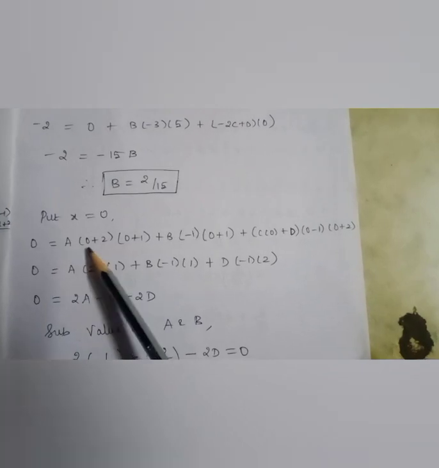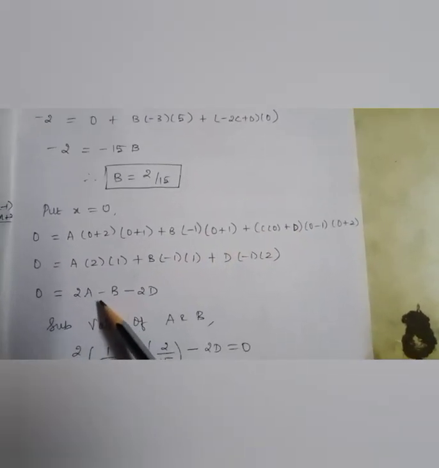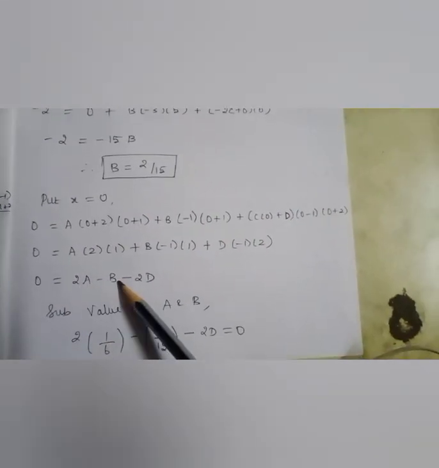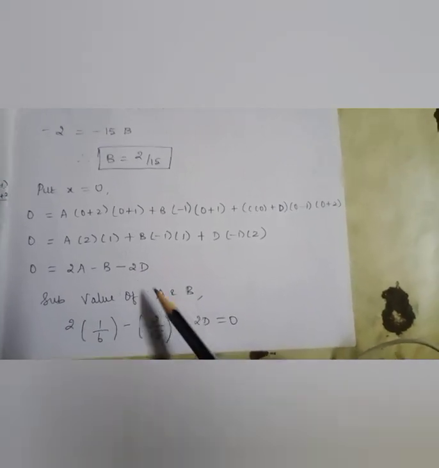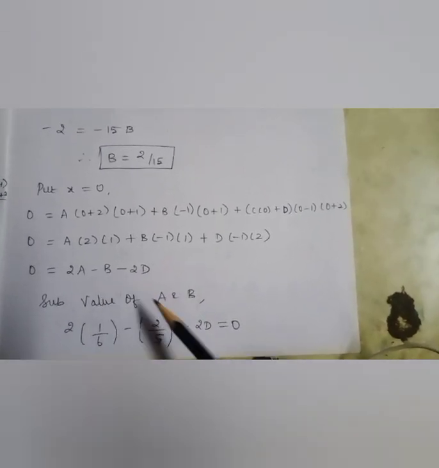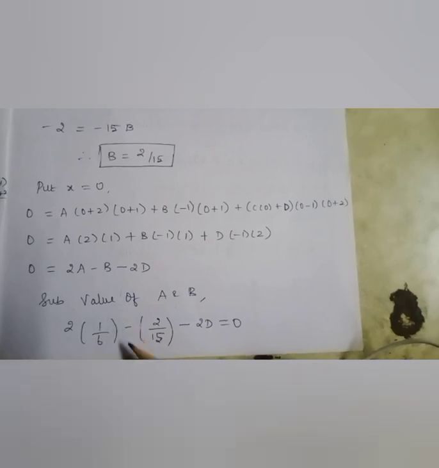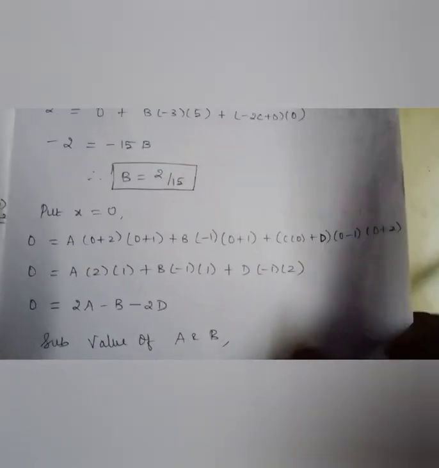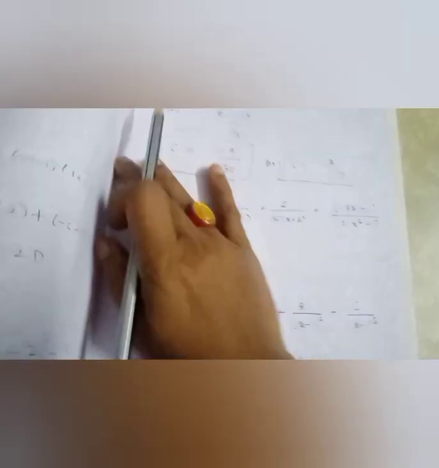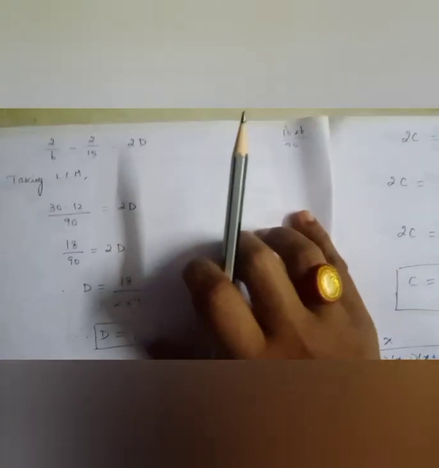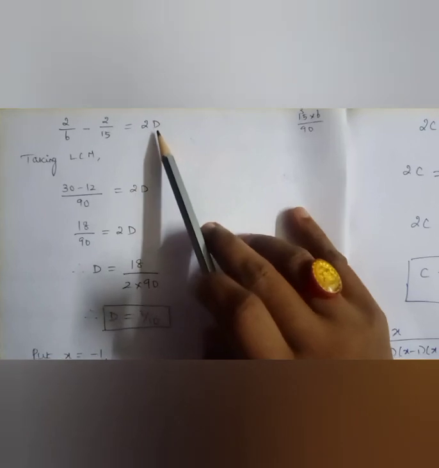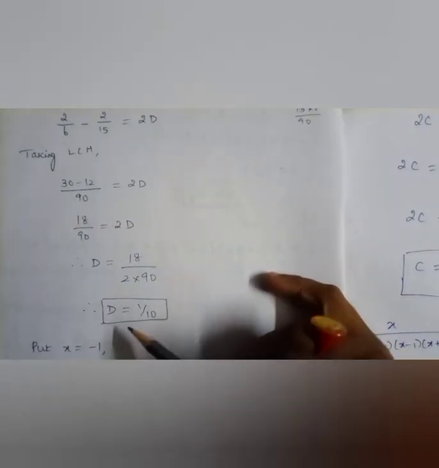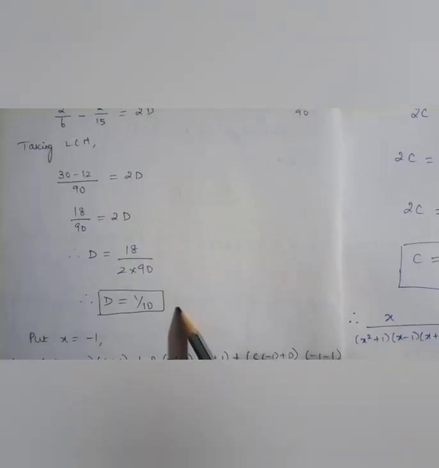When I substitute x as 0, I get the equation 0 equal to 2a − b − 2d. Here I can substitute the values of a and b, which I have already found to be 1 by 6 and 2 by 15, to get the value of d. So this is 2 by 6 minus 2 by 15 equal to 2d. Taking the LCM, I get d to be 1 by 10.